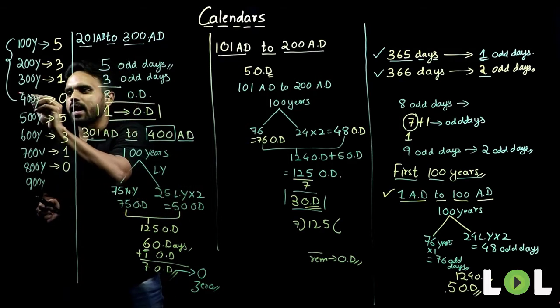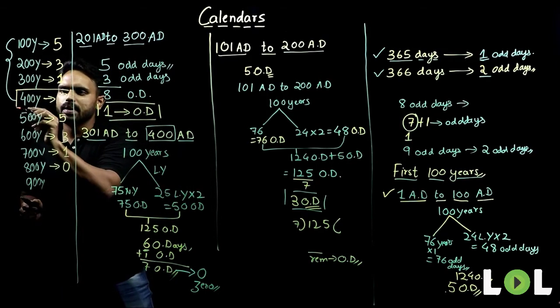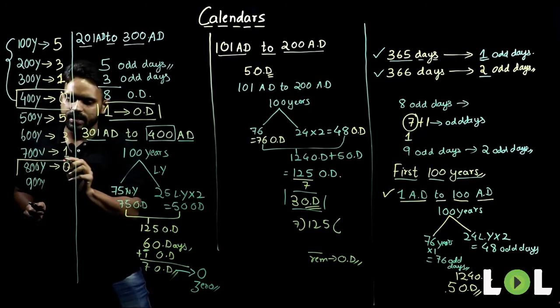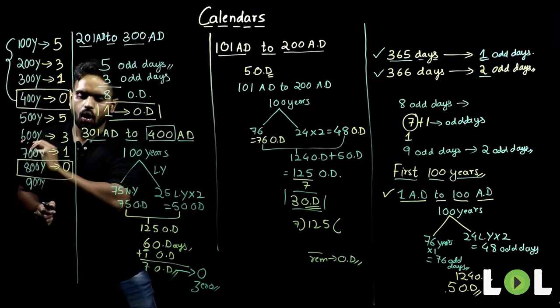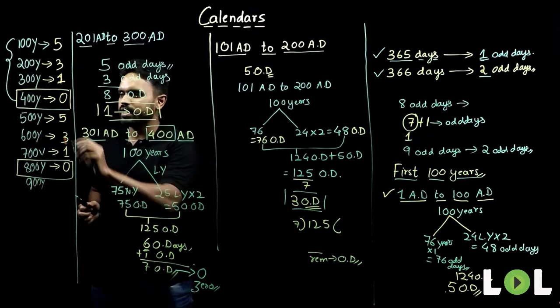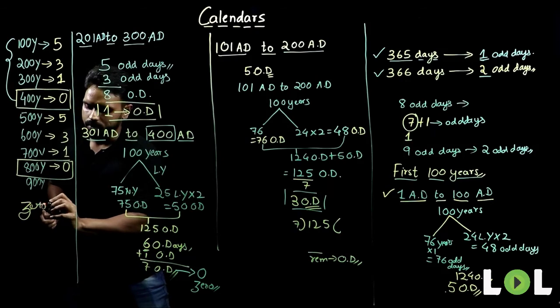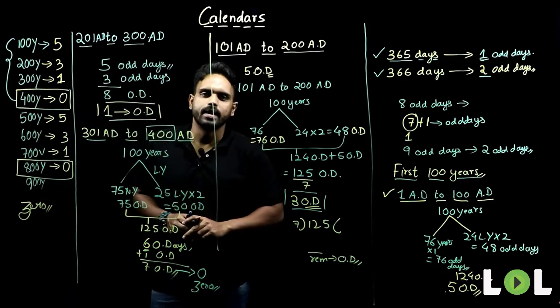And every century leap year, how many odd days do we have? Every century leap year we have 0 odd days.